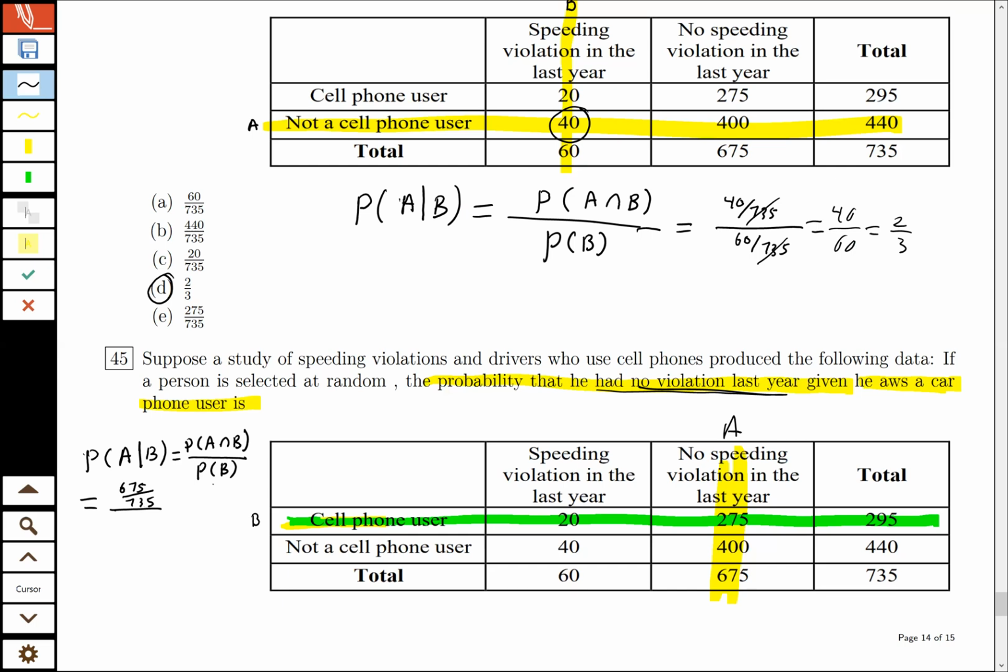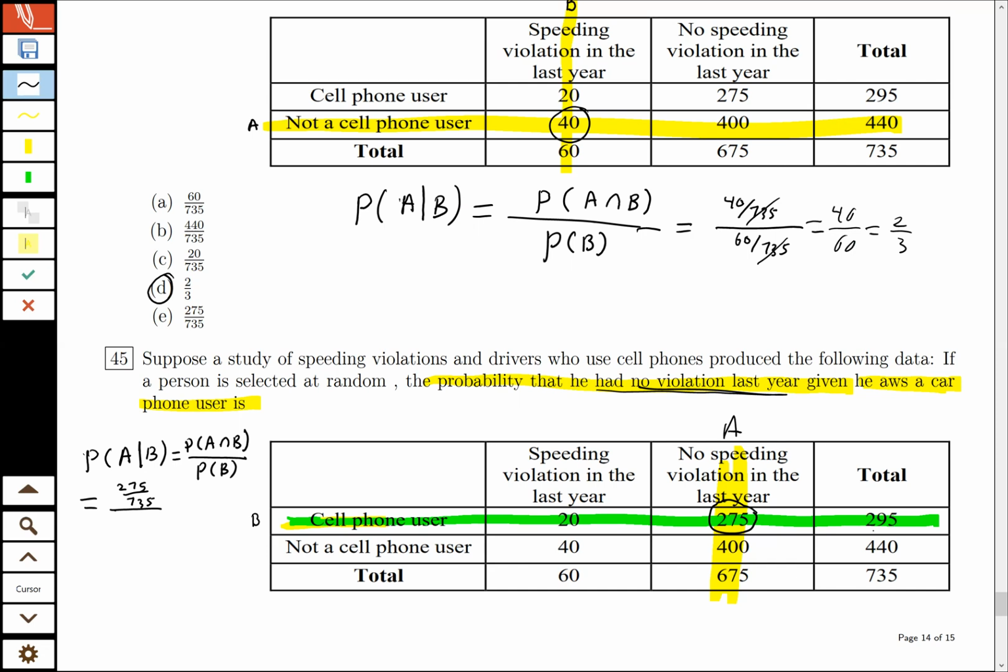And the second, sorry, we need the intersection between A and B. The intersection between A and B is 275 over 735. The probability of B, what is B? B is cell phone user.